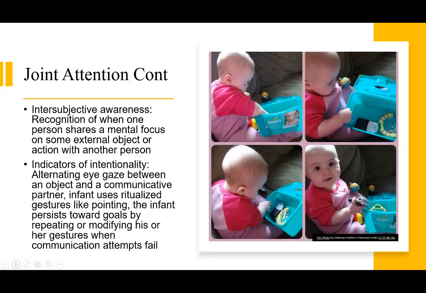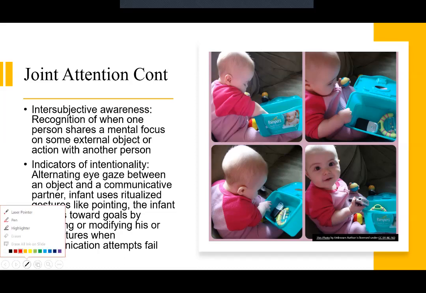Let's say in the first picture, the caregiver says, "What's in the box?" And the baby's reaching in there, looking in the box, and maybe the caregiver goes, "Is there a phone in the box?" And the baby pulls the box over, like in picture 3, and is looking at it.